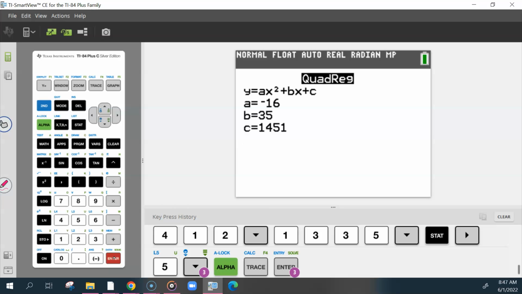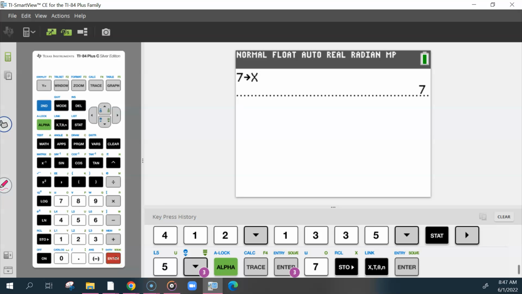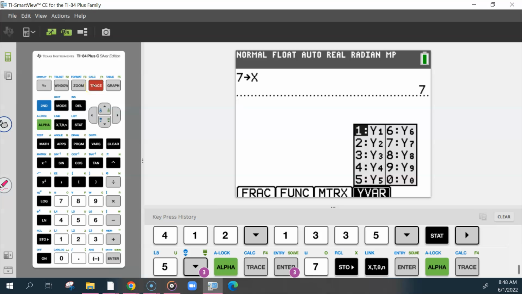Then for specific values, you can do either of these methods. One, algebraically, put the number in for x, and then solve algebraically in your calculator. Or use the store method, put the number in, so 7, STO x, hit enter. And then, this doesn't say this, but you have to go back to alpha trace and hit enter.